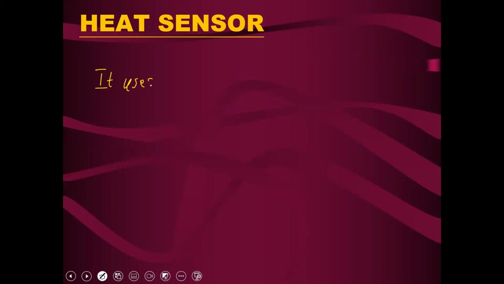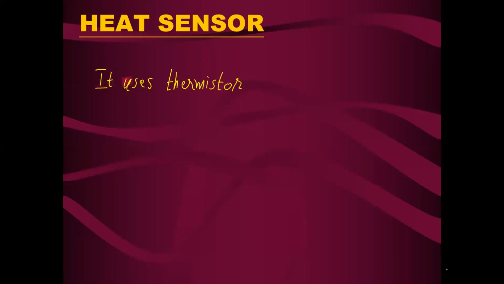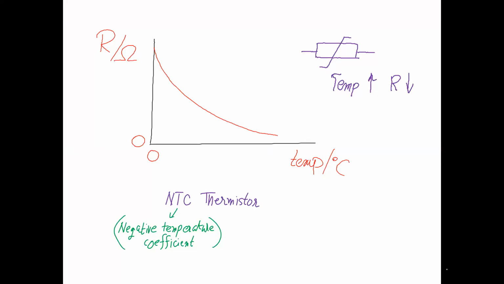So write in the heading. Do I have to draw that graph or no? No, first you have to copy this. You have to draw the graph, no problem, but first copy this. It uses a thermistor. And then copy this screen.